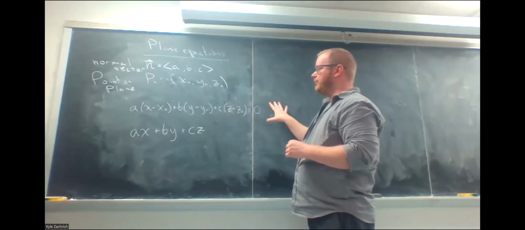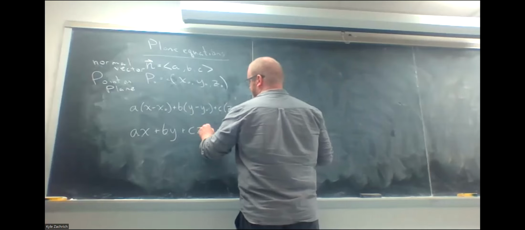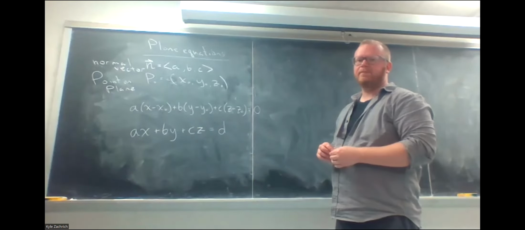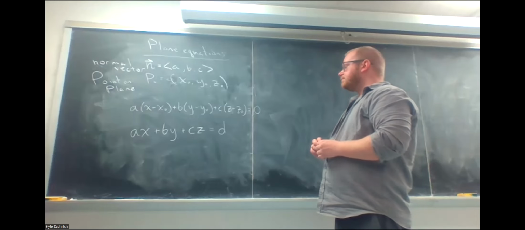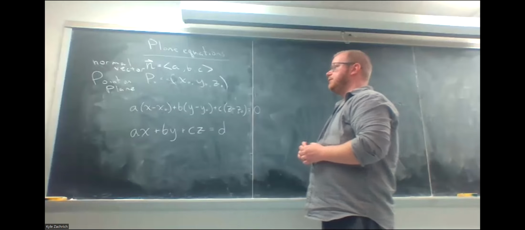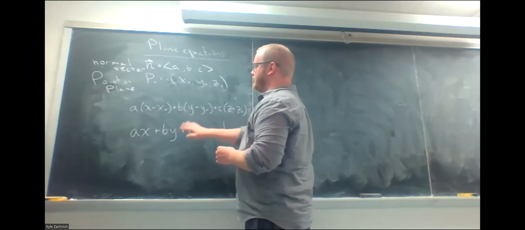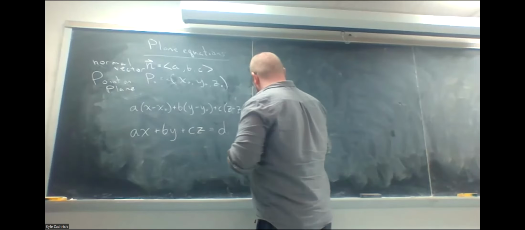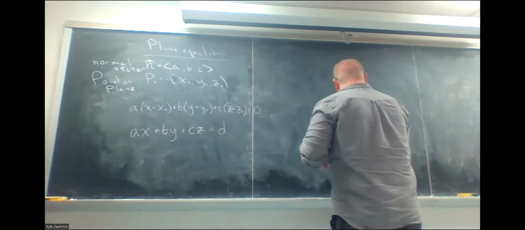You would throw all that over on this side of the equation and call that value lowercase d. So a big skill that you're going to need is to be able to take an equation like this and figure out what its normal vector is.